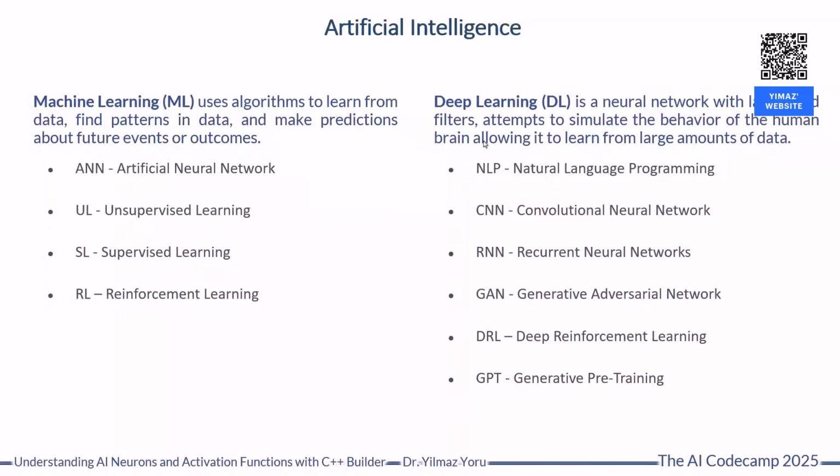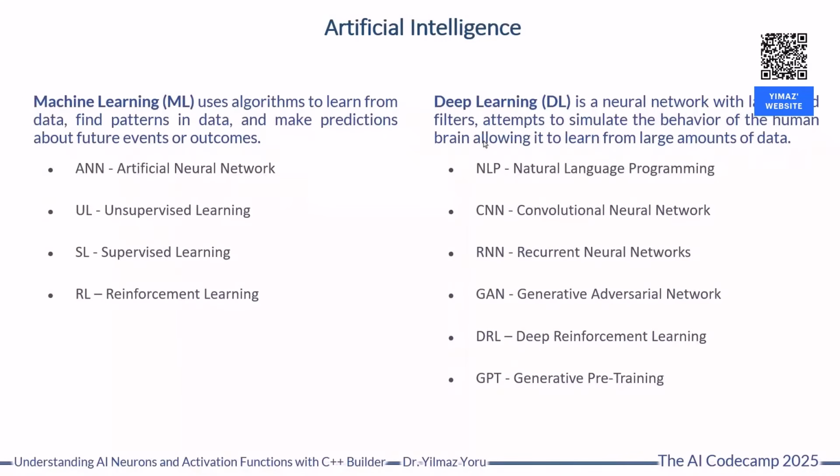Machine learning uses algorithms to learn from data, find patterns in data, and make predictions about future events or outcomes. Deep learning is a neural network with layers and filters that attempts to simulate the behavior of the human brain, allowing it to learn from large amounts of data.